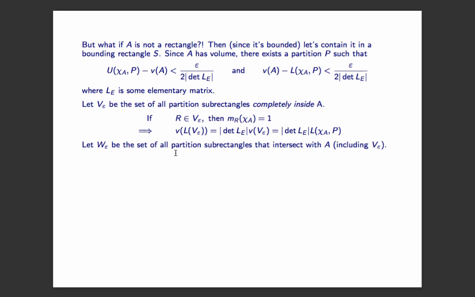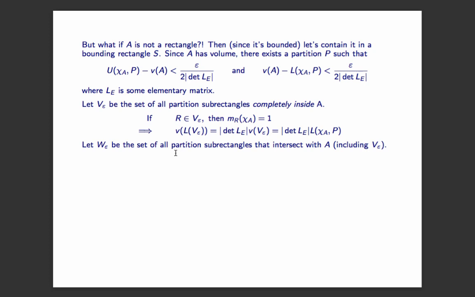And of course, the volume of V epsilon is precisely the lower sum, because the lower sum of chi of A is the sum of the infimum of chi of A on all my subrectangles, but that's going to be 1 or 0, and it's only going to be 1 if the subrectangle is completely contained inside A. So that's why the volume of V epsilon is my lower sum.